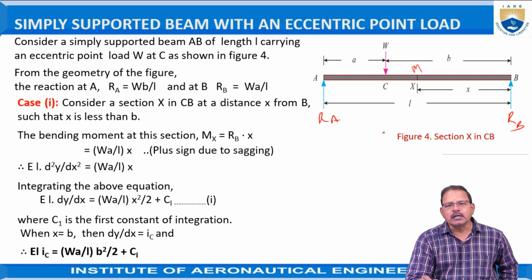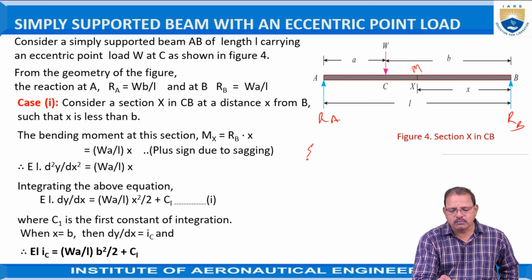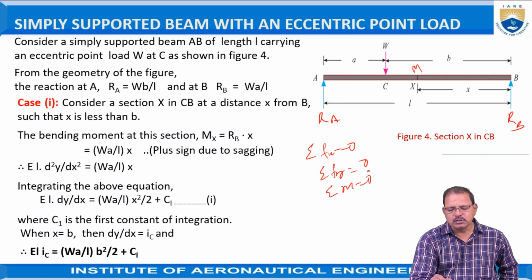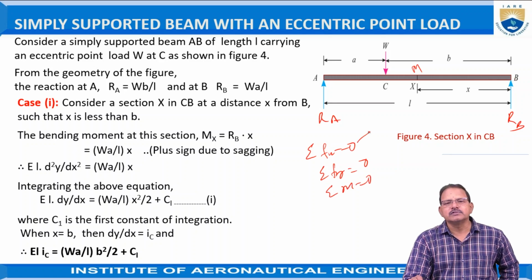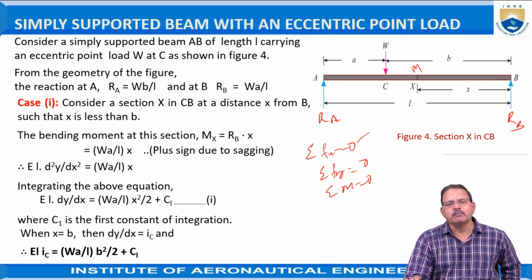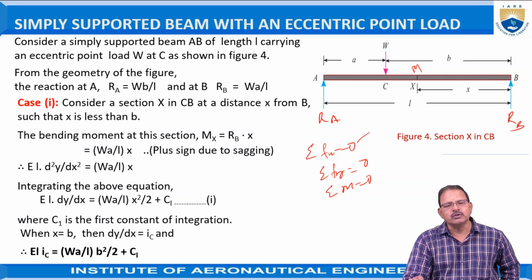Since the beam is in equilibrium, sigma Fx should be equal to 0, sigma Fy is also equal to 0, and sigma M is equal to 0. That means the sum of the forces acting on the body along the x direction should be equal to 0.